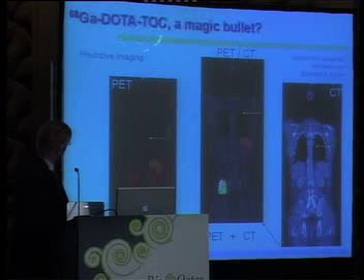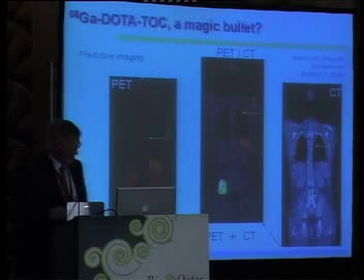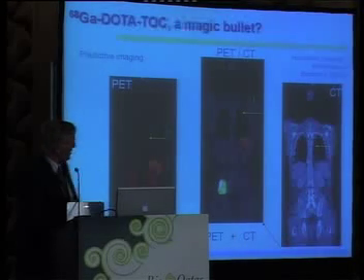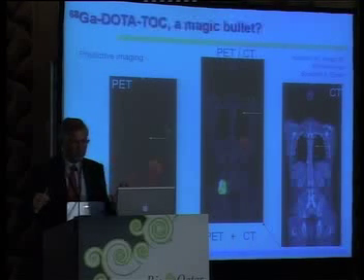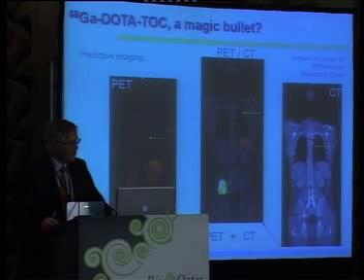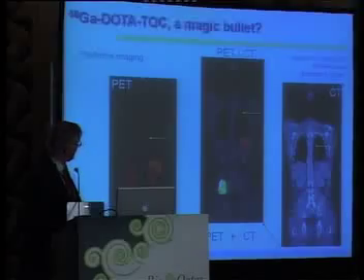One example is the somatostatin analog DOTA-TOC labeled with gallium, and nowadays there are very sophisticated SPECT CT or PET-CT cameras, and you see here one case with a tumor here in the leg, one tumor here.